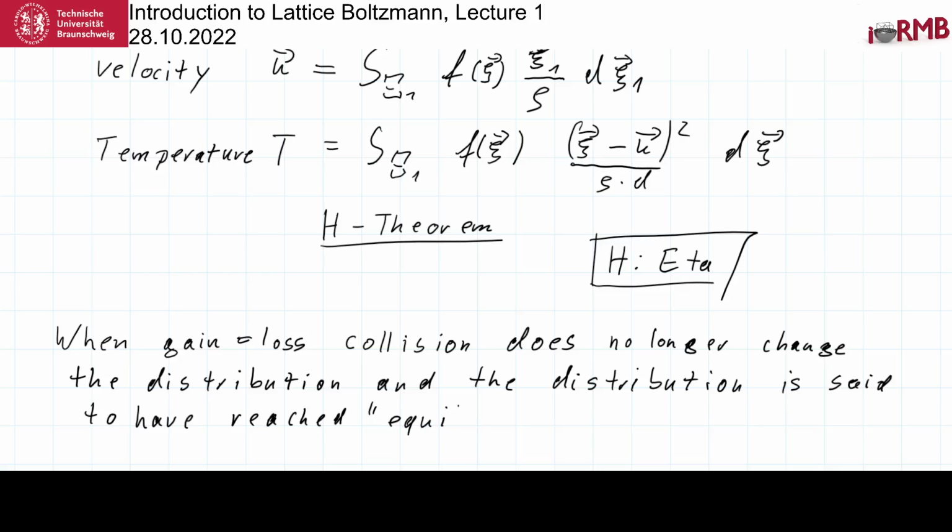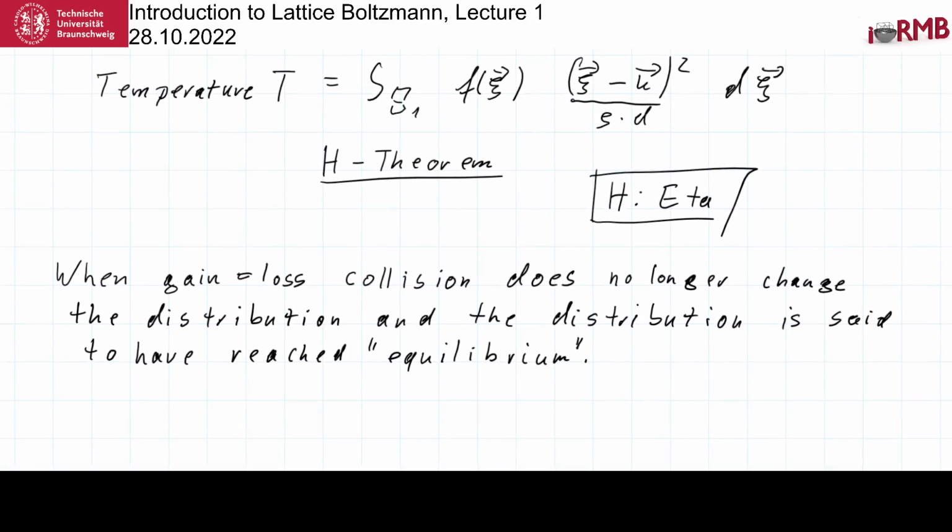One of the things that Boltzmann wanted to do is to derive what this equilibrium looks like. On the way there, he discovered something even more interesting. What the equilibrium is, we learn only next week. Now we look at what he discovered on the way.